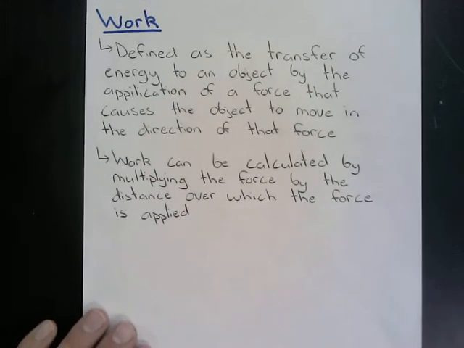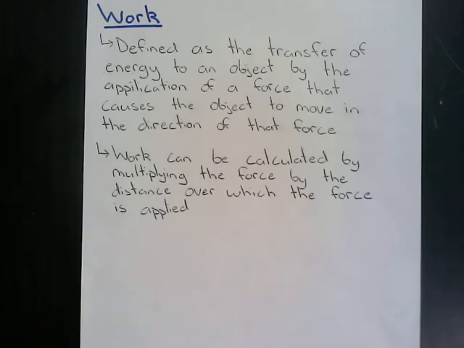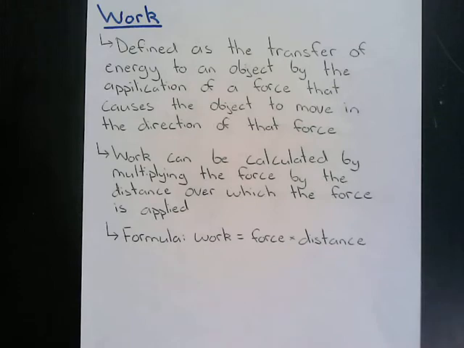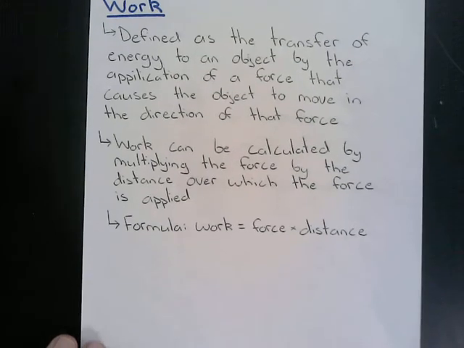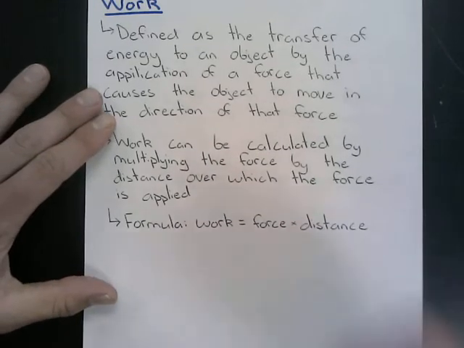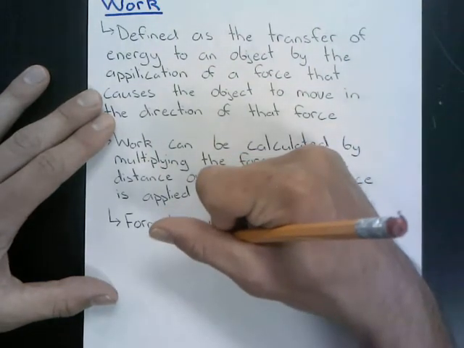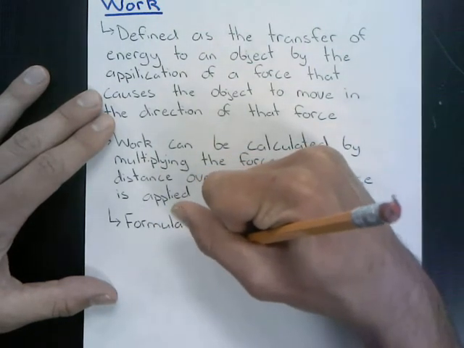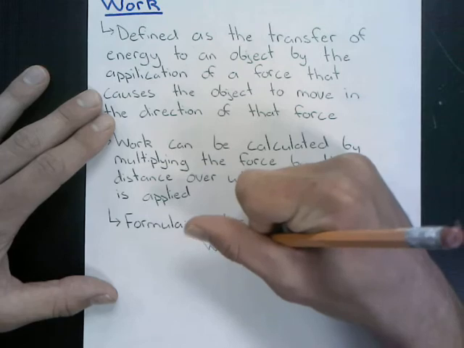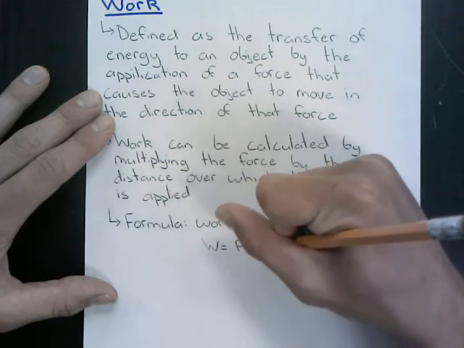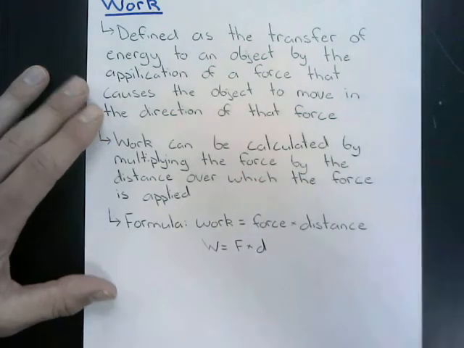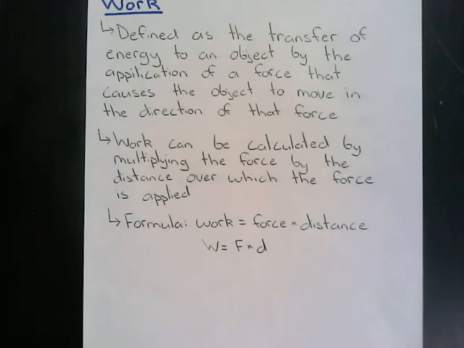In a simpler way, we can have a formula to express work, and that formula is force times distance. Work equals force times distance can also be shown as a capital W equals force times d for distance.